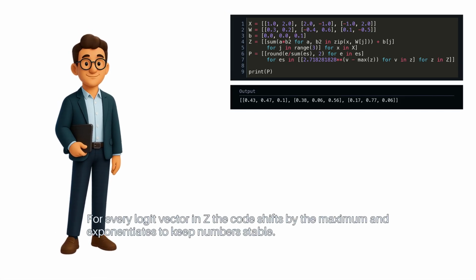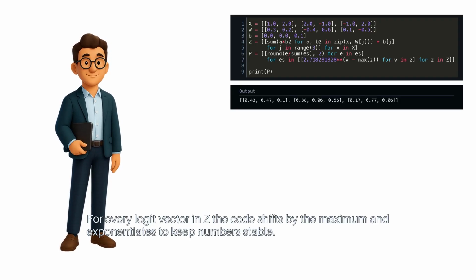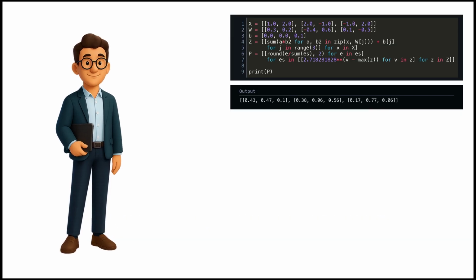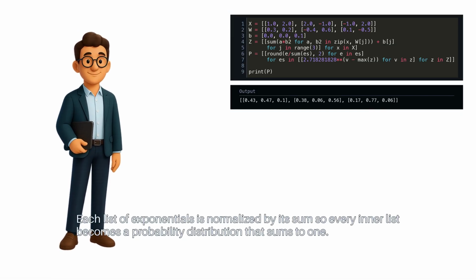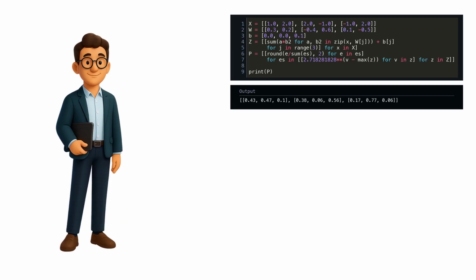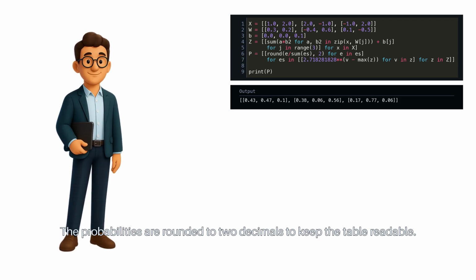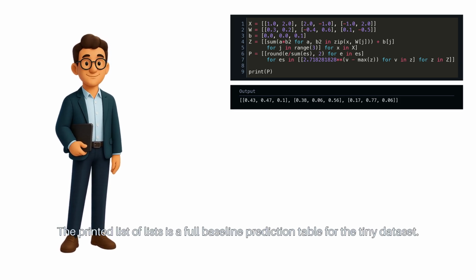For every logit vector in Z, the code shifts by the maximum and exponentiates to keep numbers stable. Each list of exponentials is normalized by its sum, so every inner list becomes a probability distribution that sums to 1. The probabilities are rounded to 2 decimals to keep the table readable. The printed list of lists is a full baseline prediction table for the tiny dataset.